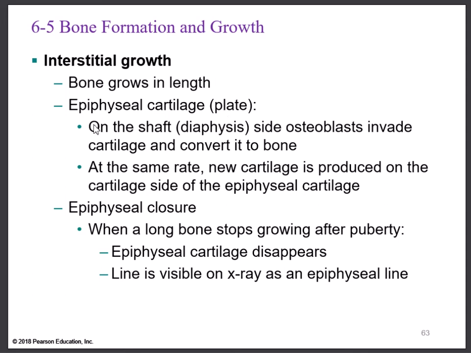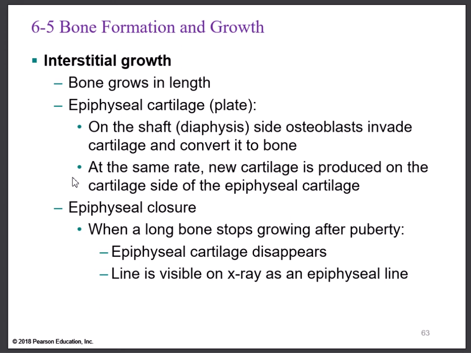On the shaft side, where the diaphysis is, the osteoblasts invade the cartilage and convert it to bone. At the same rate, on the epiphyseal side, new cartilage is produced so that the bone continues to grow in length.